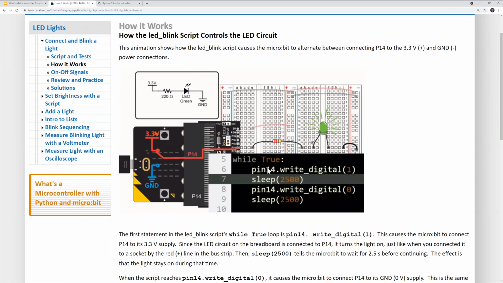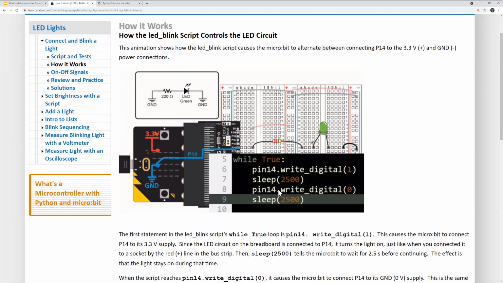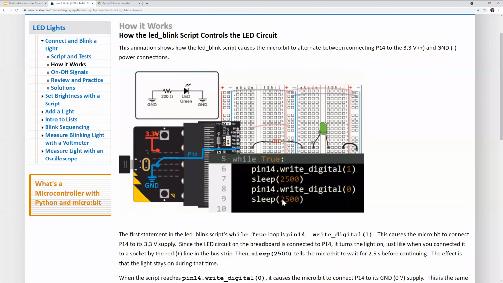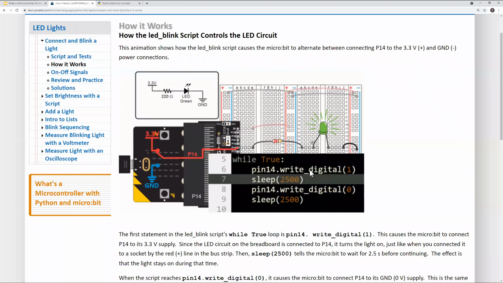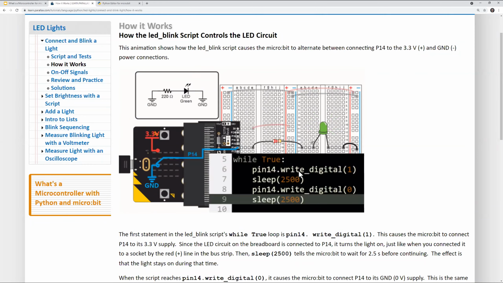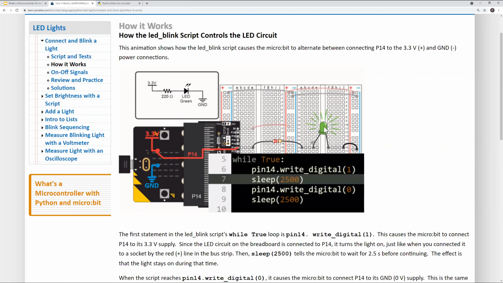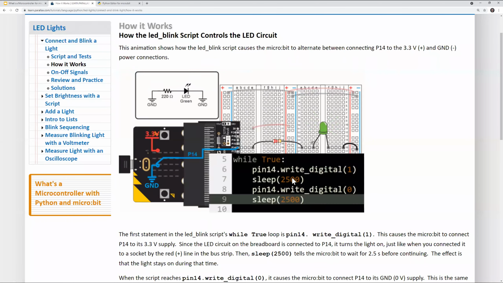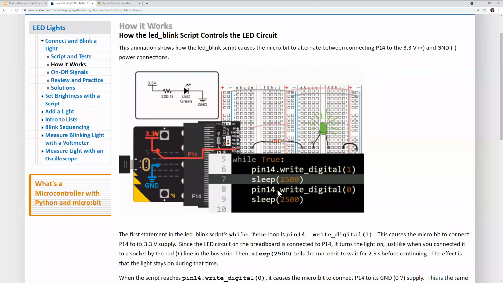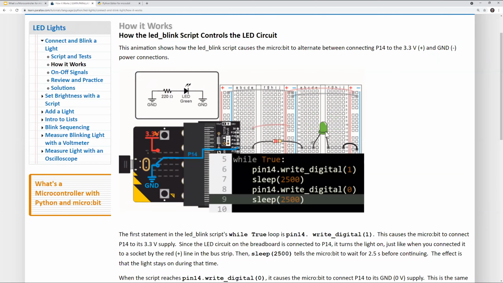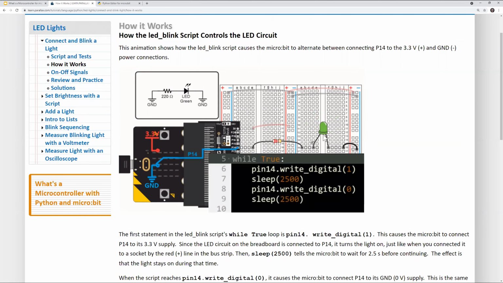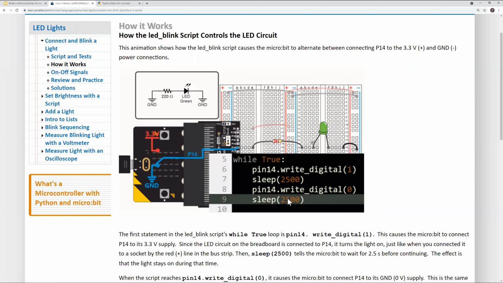Notice that a different part of the code gets highlighted for a certain amount of time. Now, if you watch, the next time it comes around and hits write digital 1, the light comes on. And then it sits at sleep 2500 for a while. And then it hits write digital 0, the light goes off. And then it stays at sleep 2500 for a while there.